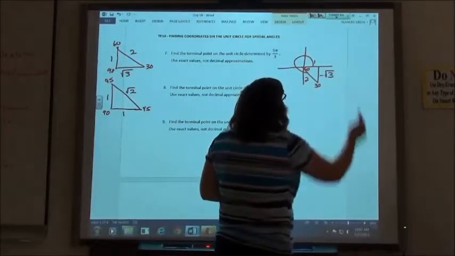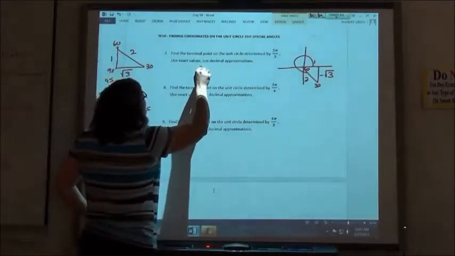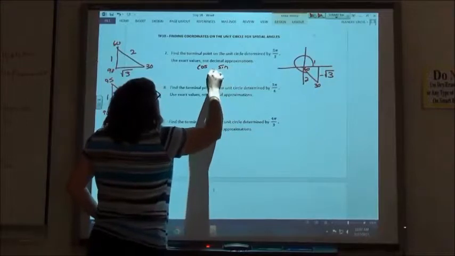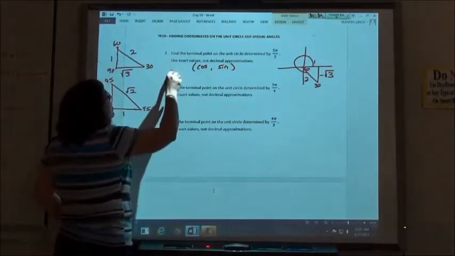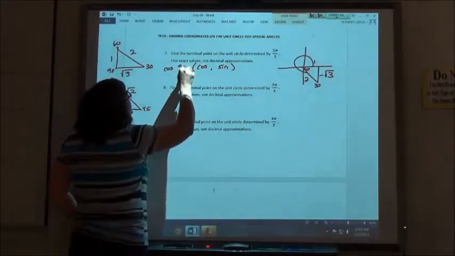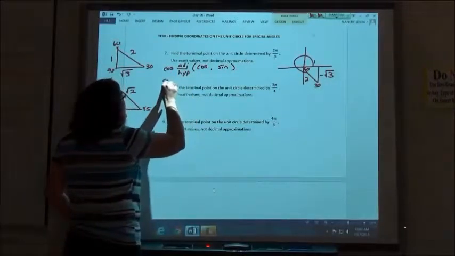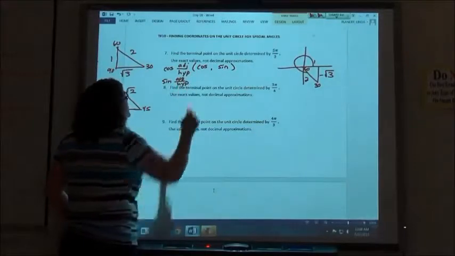So when I'm giving the coordinates, the x-coordinate is the cosine, the y-coordinate is the sine, and I'm putting it in as an ordered pair. Cosine is adjacent over hypotenuse, and the sine is the opposite over the hypotenuse.